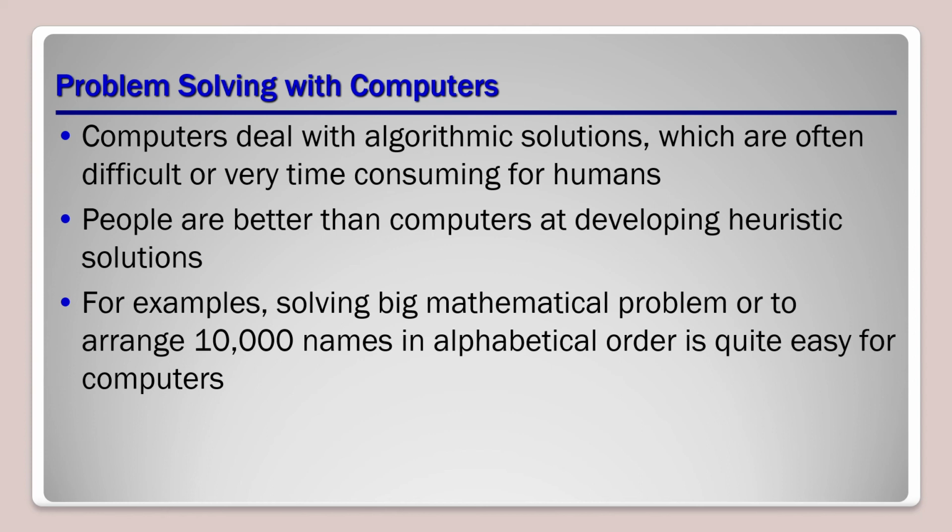Now because in programming problems we are dealing with computers, we will see how problem solving works with computers. Let me tell you that computers deal with algorithmic solutions, which are often difficult or very time consuming for humans.